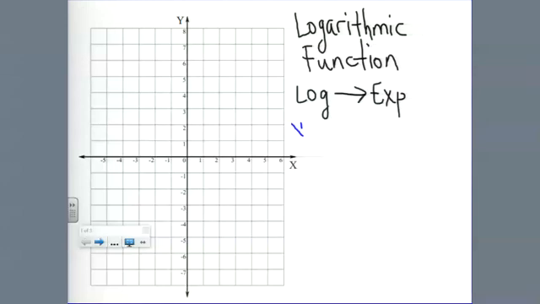So if you have something like y equal to log base b of, let's say, x, then in exponential notation, your b is your base, and it's being raised to the y power, and that's equal to the given function, in this case just x.